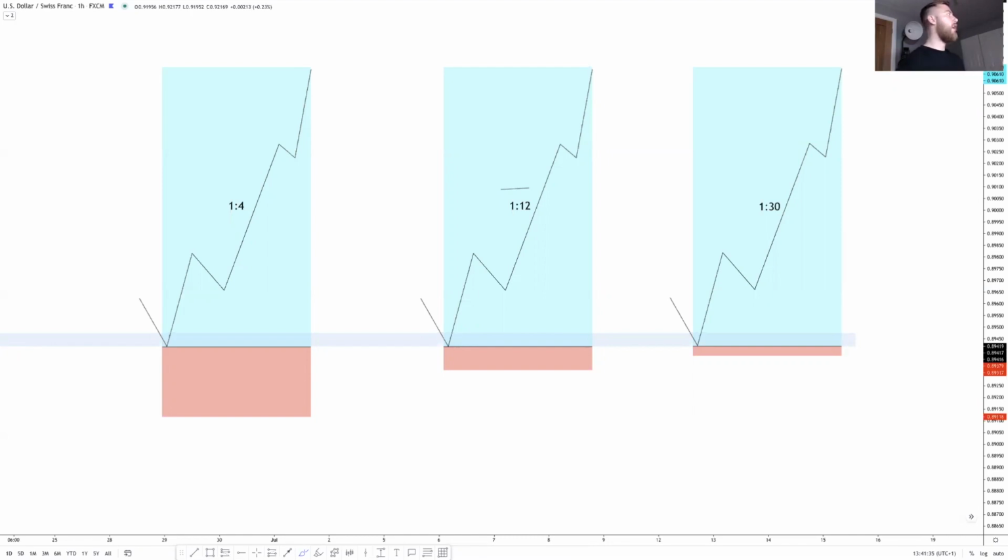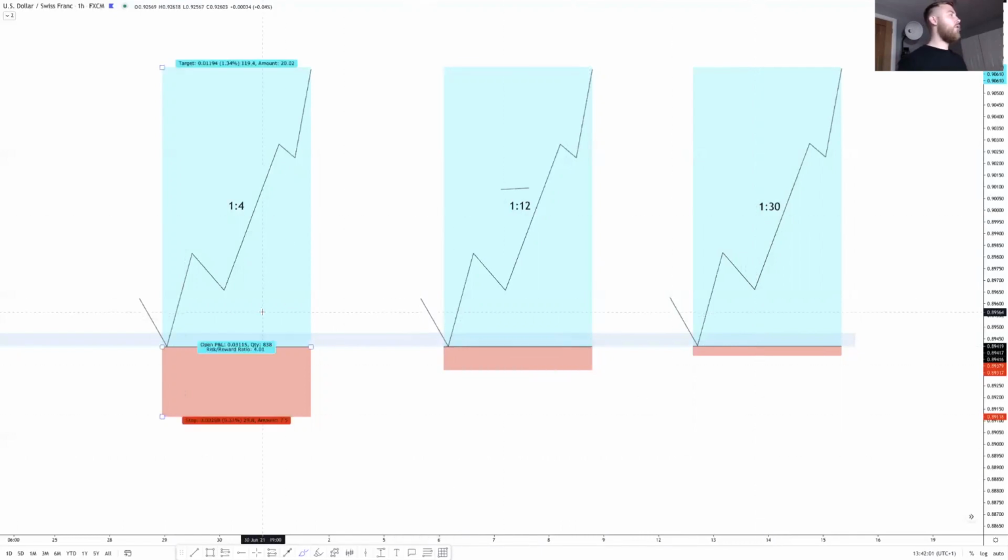It's perfectly fine if that's what you want to do, but we've found a way that we can maximize our trade's potential a little bit further. Looking at these examples here, 1, 2, and 3 are all the same setup, but we can refine certain things and add certain processes in order to maximize the risk to reward.